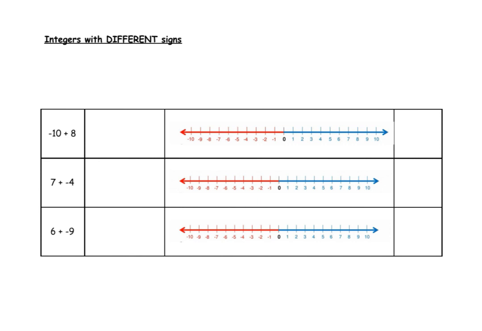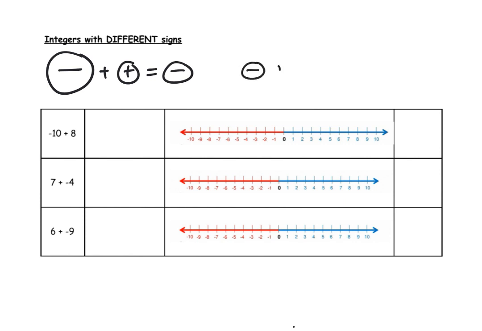So if I'm adding two numbers and the negative number is bigger than the positive number, that answer is going to be negative. If I have two numbers and the positive number is bigger than the negative number, that answer is going to be positive.